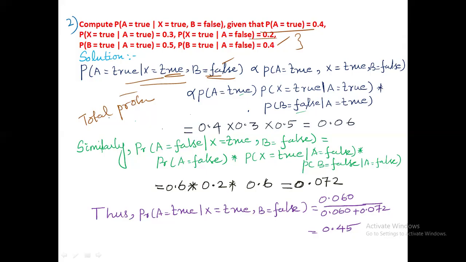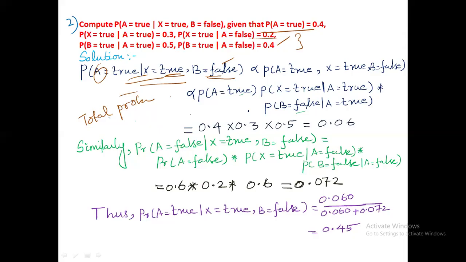To solve this, we first compute the joint probability of X is equal to true and B is equal to false given different values of A. Using the given conditional probabilities, we determine how likely these conditions are to occur when A is true and when A is false.